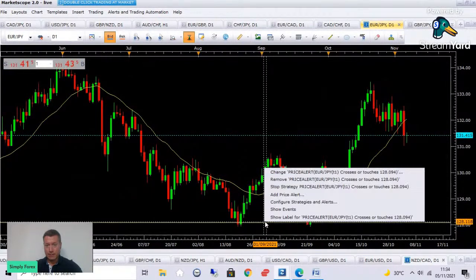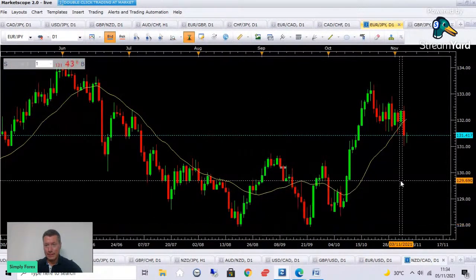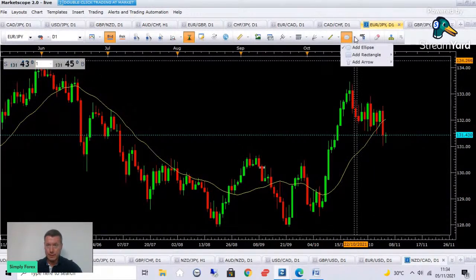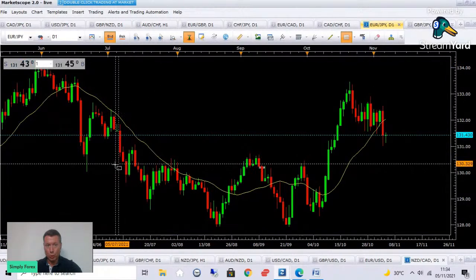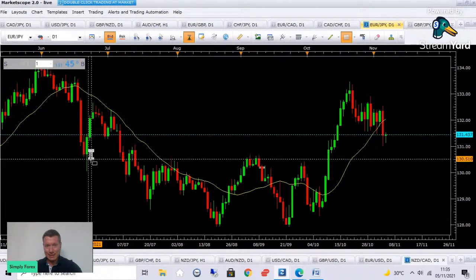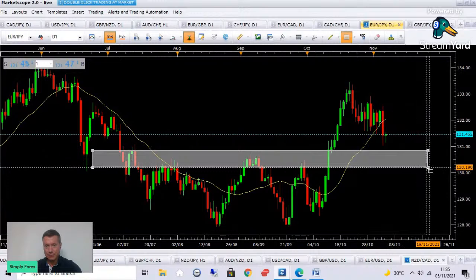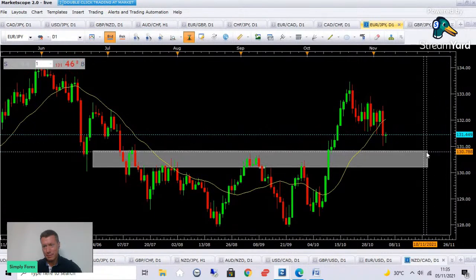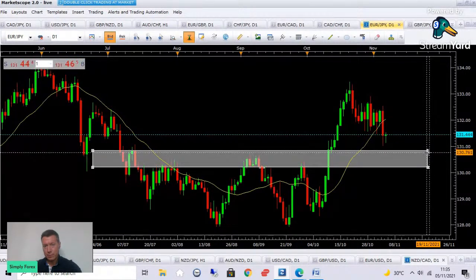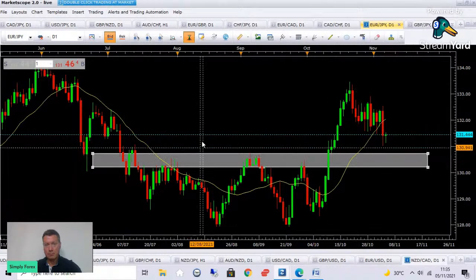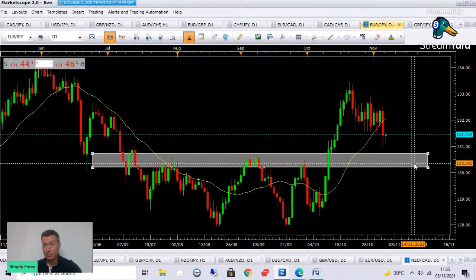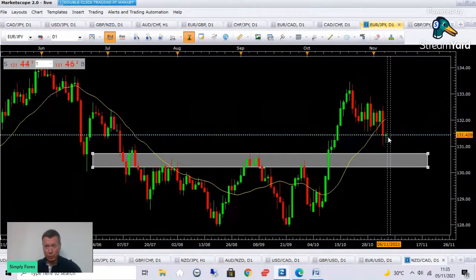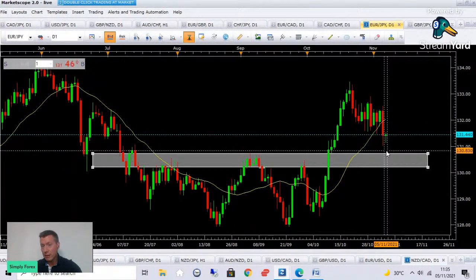Okay, what are we seeing here? First of all, I'm seeing some potential support in this area here, maybe this. I'm seeing that as support. I'm also seeing a large bearish candle, and I think price could reach this zone.